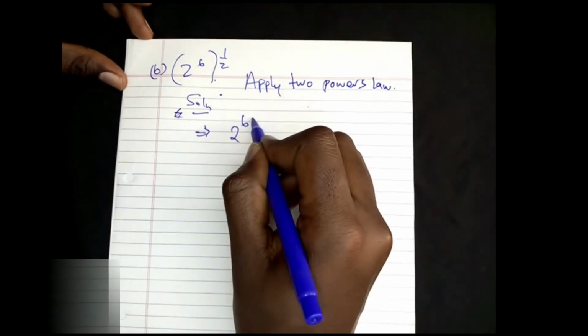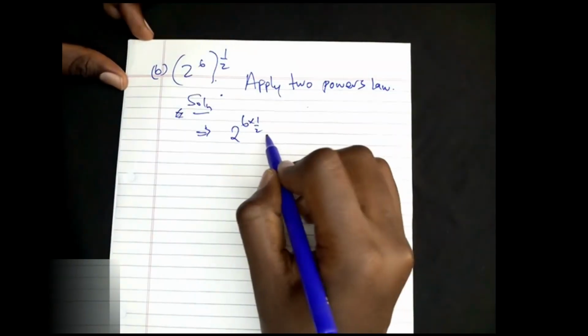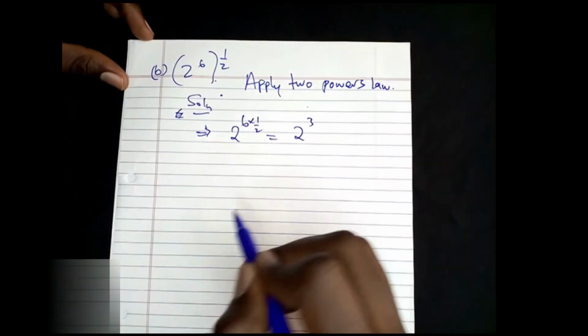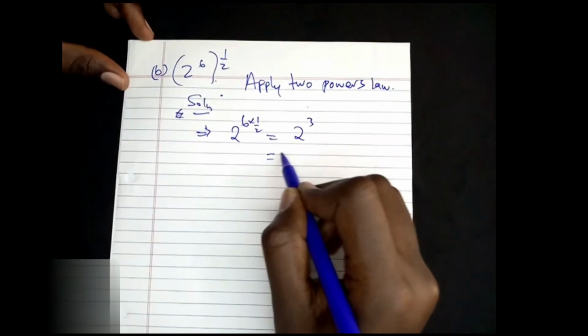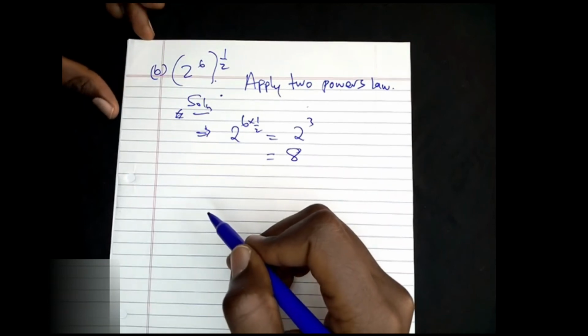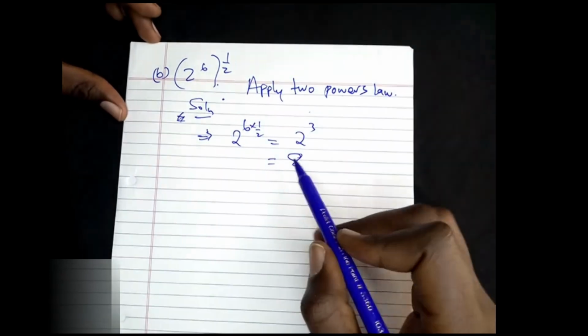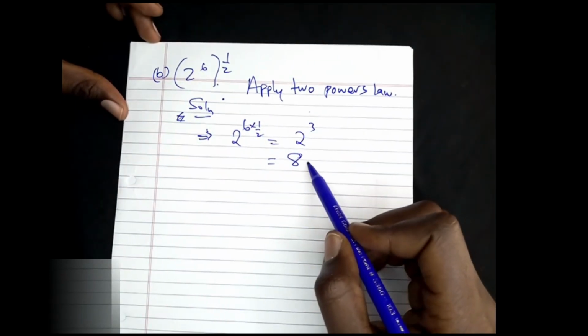It will be 2 power 6 times power a half, which will give you 2 to power 3. 2 to power 3 is 8. And therefore, this becomes our answer using this particular method.